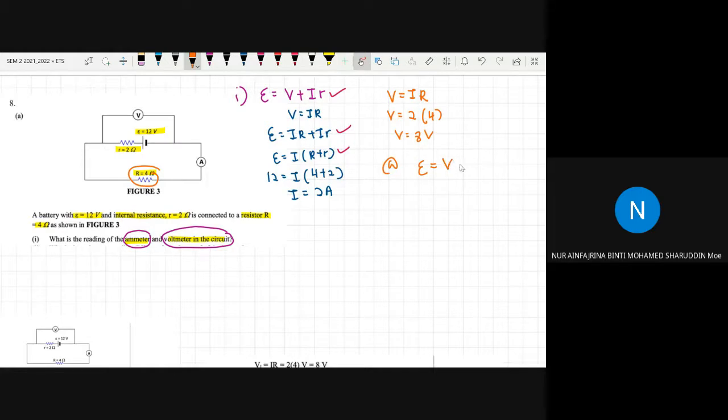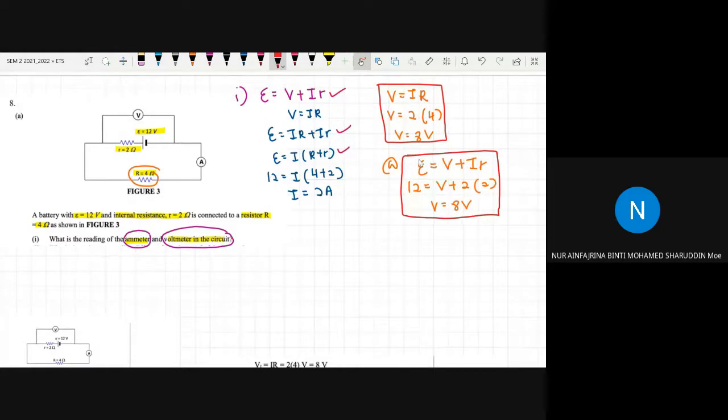EMF equals to V tambah dengan I darab dengan internal resistance. So EMF kita adalah 12. So V kita nak cari, current kita adalah 2 dan internal resistance kita adalah 2. So you akan still dapat 8 volt. So you have two formula to use. It's either you use the Ohm's law or you boleh guna formula EMF. Tak ada masalah. Okay, boleh?